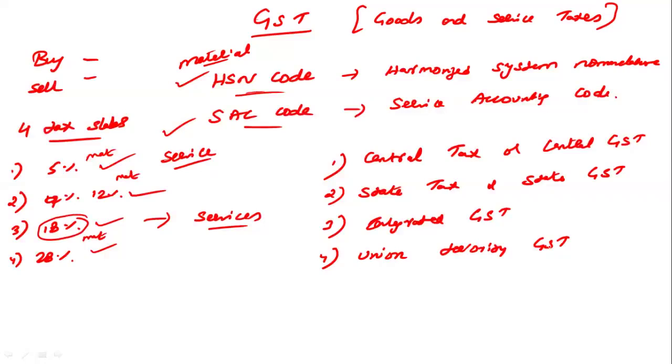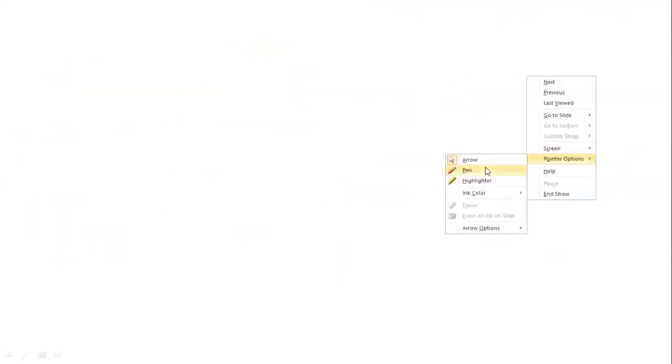For example, let's say you have a buyer and you have a seller. That means the buyer is the customer and the seller is your vendor. Okay.